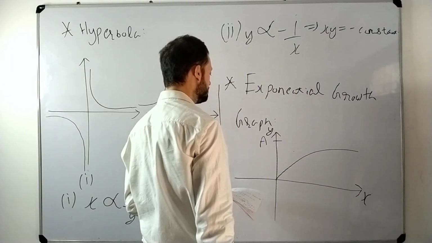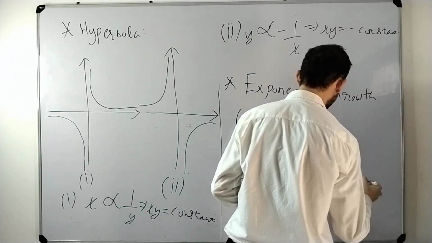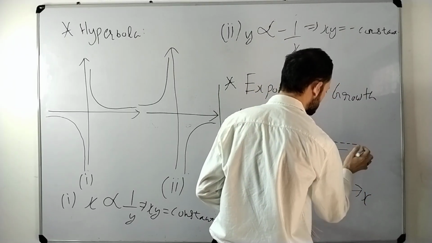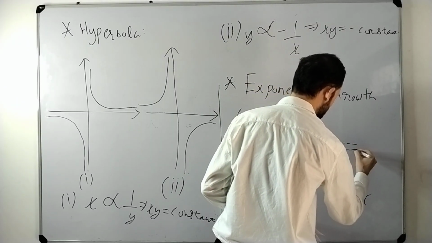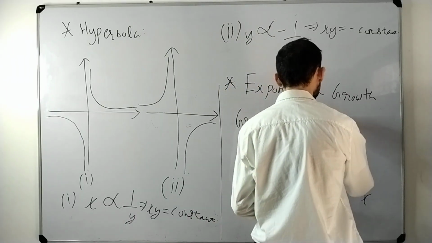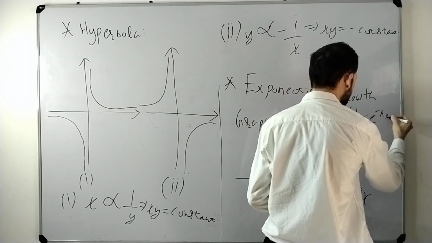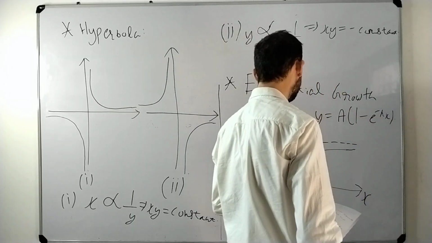And the x-axis generally is t. So the equation of the graph becomes what, students? So it becomes y equals a times (1 minus e to the power minus kx). Right, students?